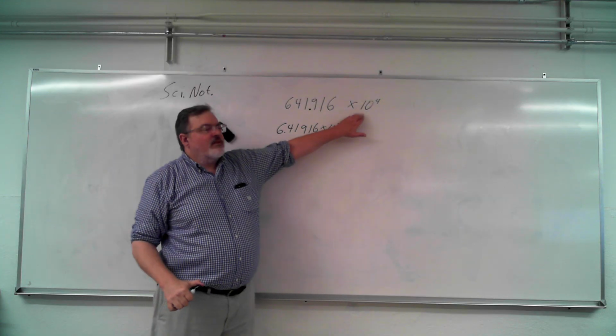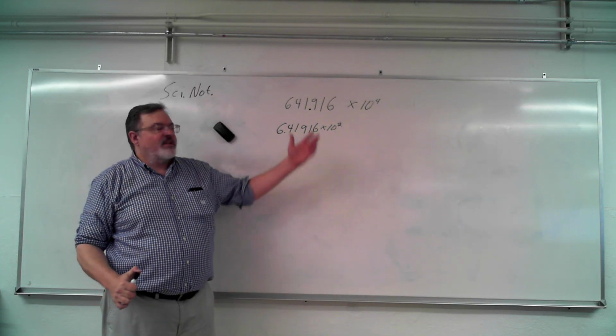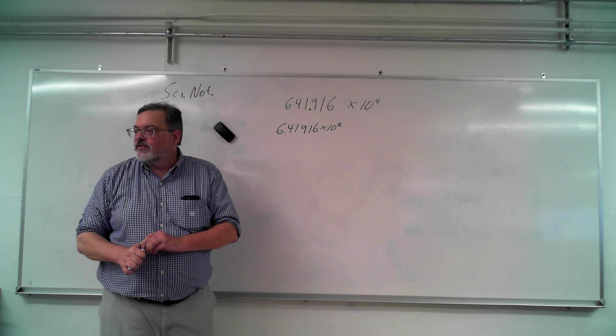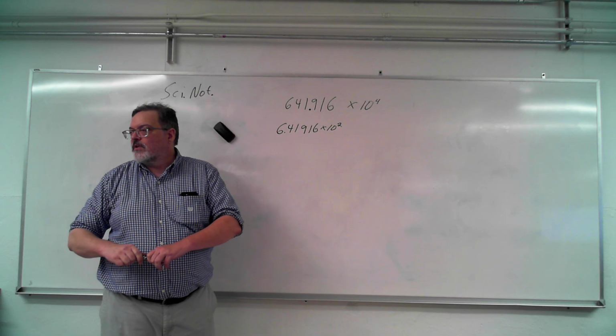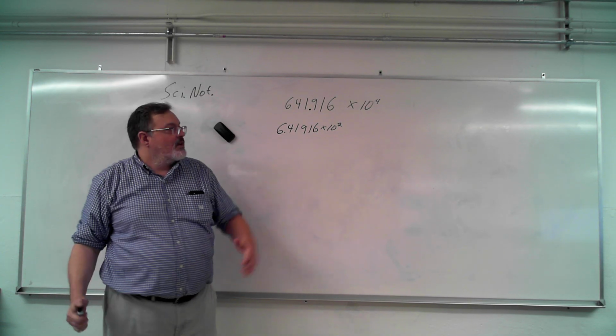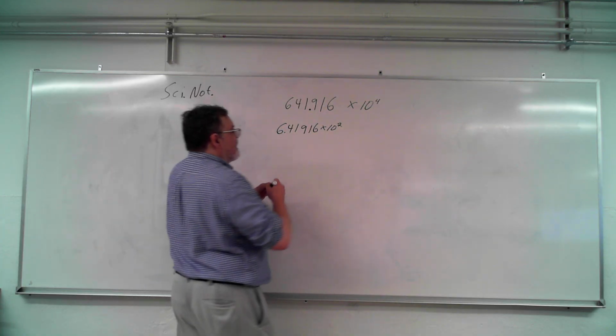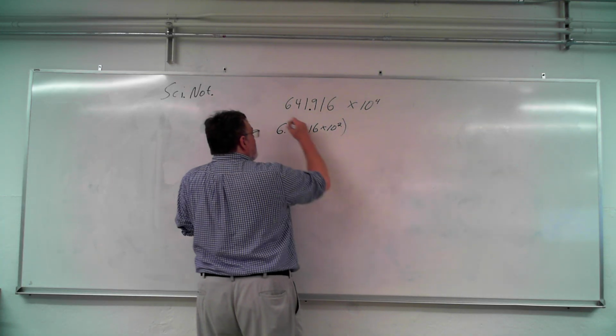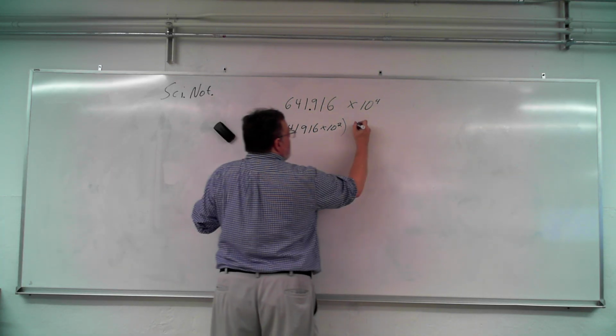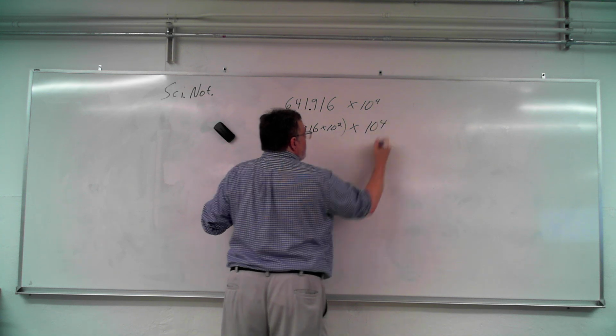But this was originally attached to a power of 10. The powers of 10 can show up for other reasons other than someone asking you to put it in scientific notation. They can show up other ways. So if this was already there and somebody said, put it in standard scientific notation, you would get this to represent this number. And you just go times 10 to the 4.